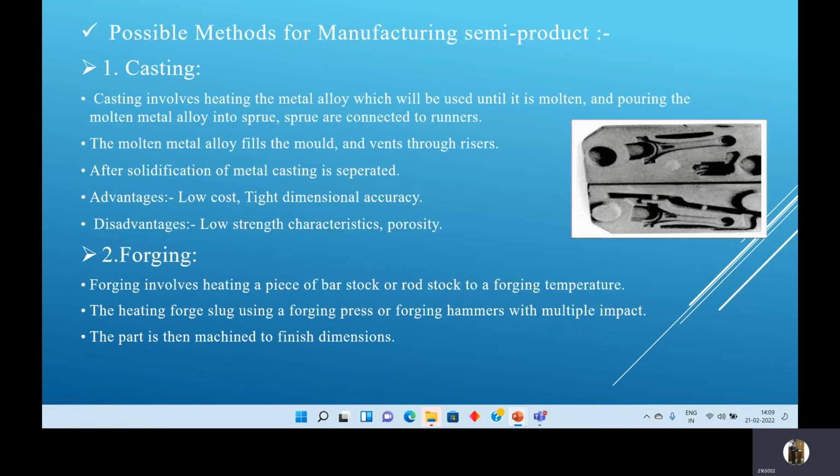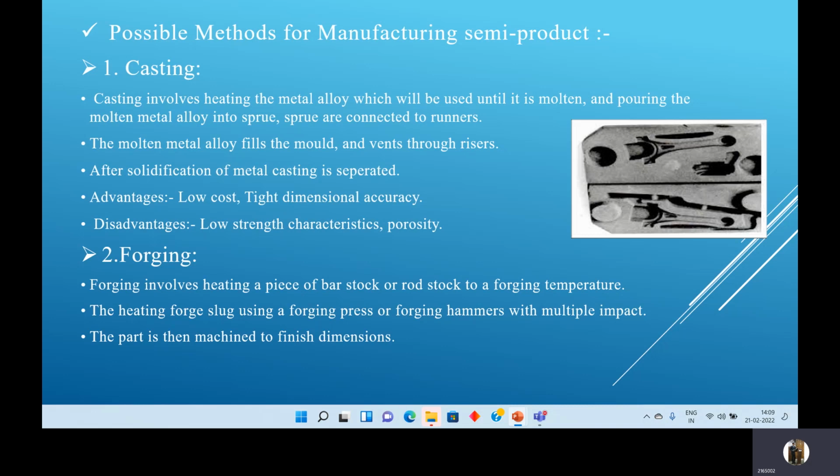Next, here are the possible methods for manufacturing the semi-product. There are three possible methods. First is casting. Casting involves heating the metal alloy until it is molten. The molten metal is poured into the sprue, and sprues are connected to the runners.